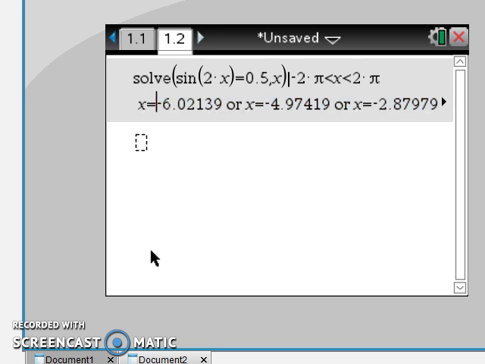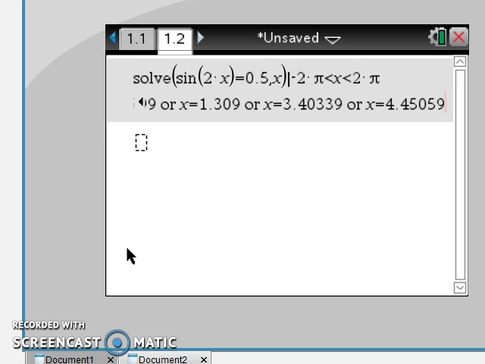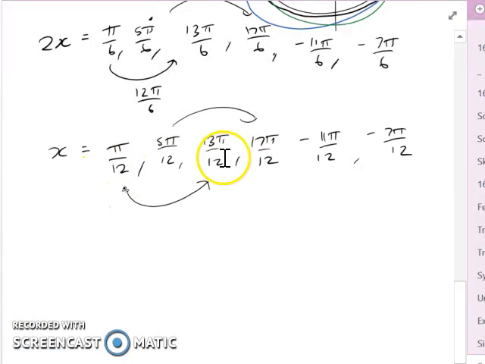How many solutions have I got? 1, 2, 3, 4, 5, 6, 7, 8. Okay. And how many do I get here? 1, 2, 3, 4. So those are the positive ones, and I'm missing 2 there. So I just need to subtract pi from this one, subtract pi from this one, and I would get within my domain. Alright? So let's just finish that one off.